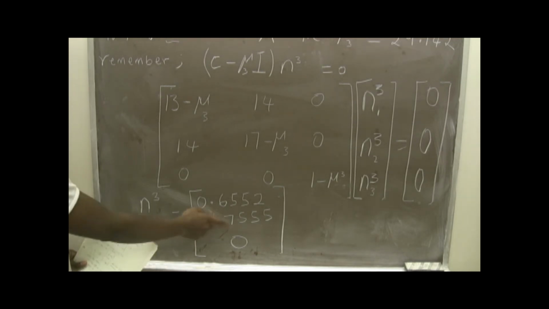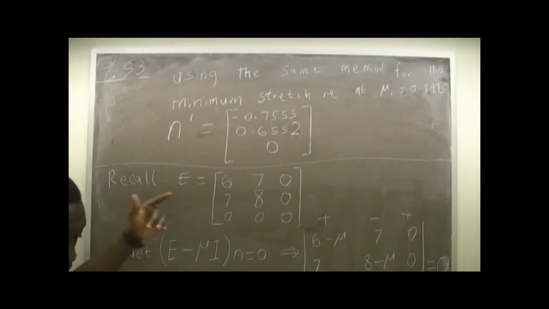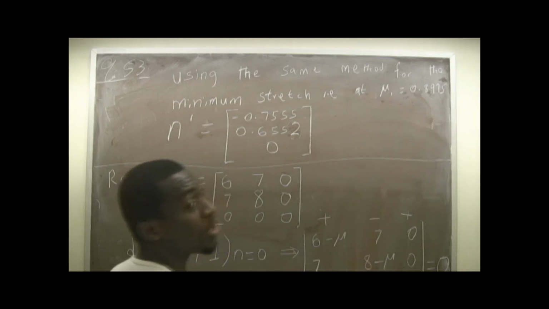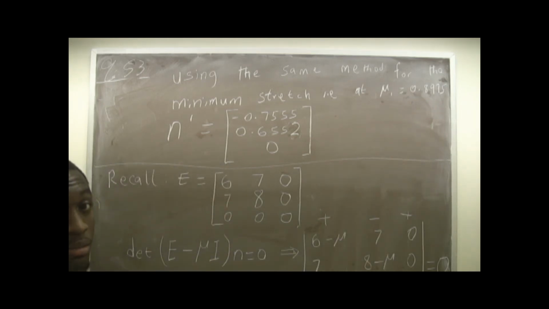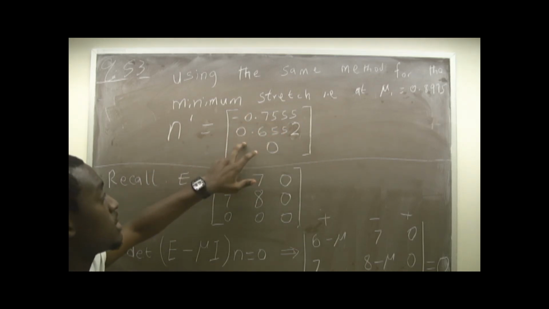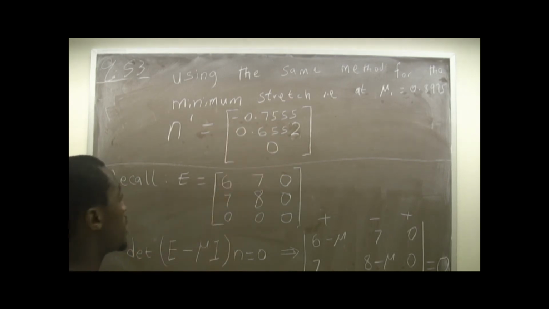Remember n3 is a unit vector. As we did for the maximum stretch, for the minimum stretch, that is mu1 equals 0.895, to find the eigenvector we get n1 equals minus 0.755, 0.6552, and 0, which is also a unit vector.